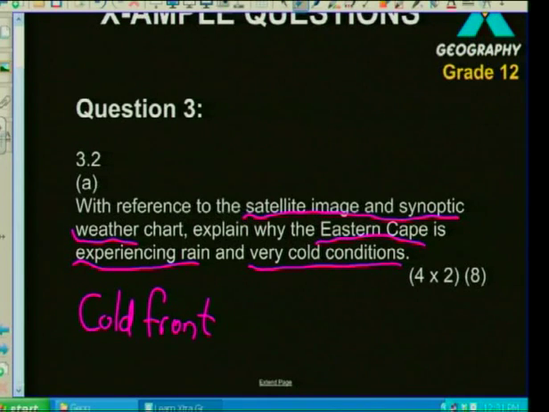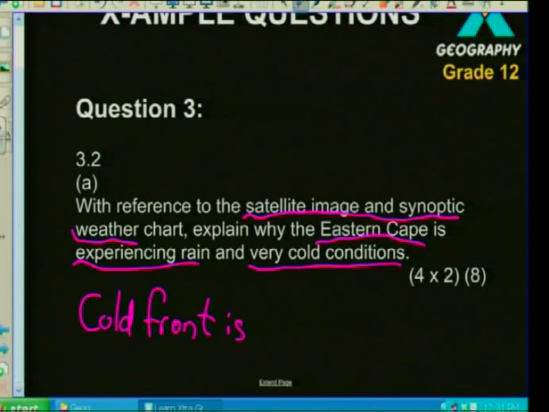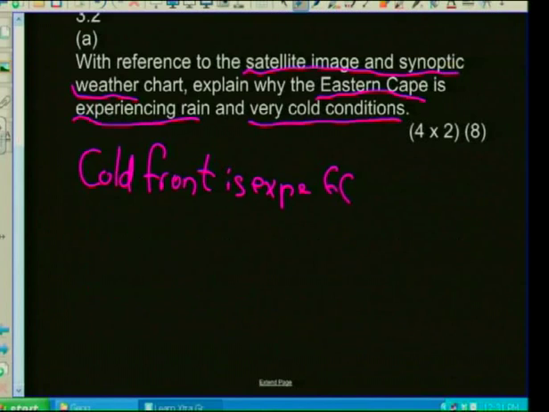All right, and many people get confused now. Do I repeat things? Because it's talking about cold conditions, it's talking about rainfall. How do I go about getting 8 marks there? I need to give 4 points. So we're talking the cold front is being experienced over the Eastern Cape. What else can I write here? All right, the cold front will decrease temperatures.